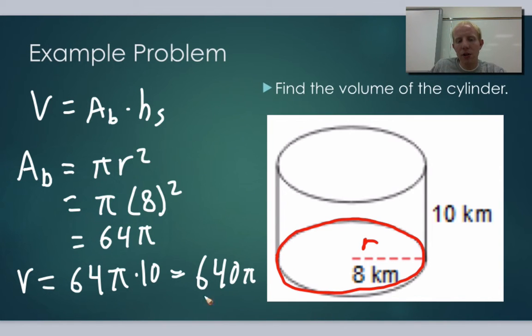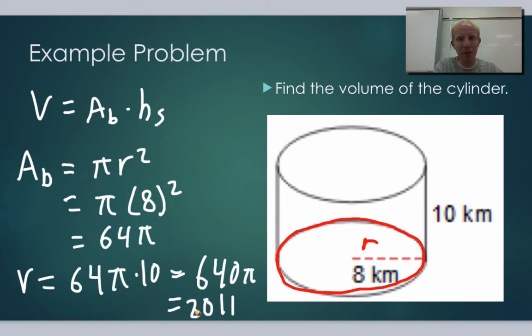Now, just like in the previous unit, where we had an exact and an approximate answer, we could leave it like this, and that would be an exact answer, or we could put that in our calculator and get an approximation. So we do 640 times pi, and that will give us about 2011 units.